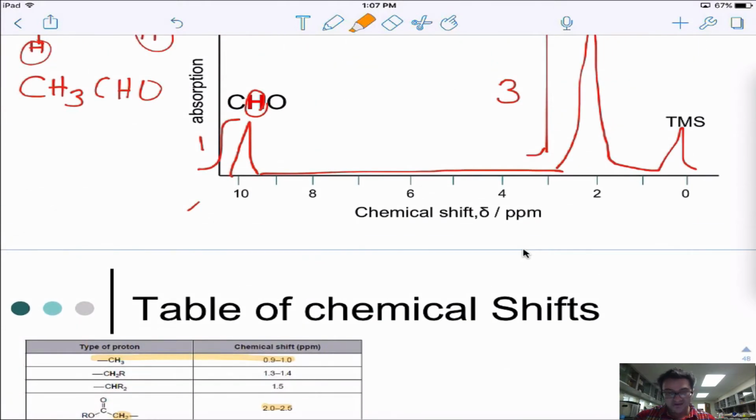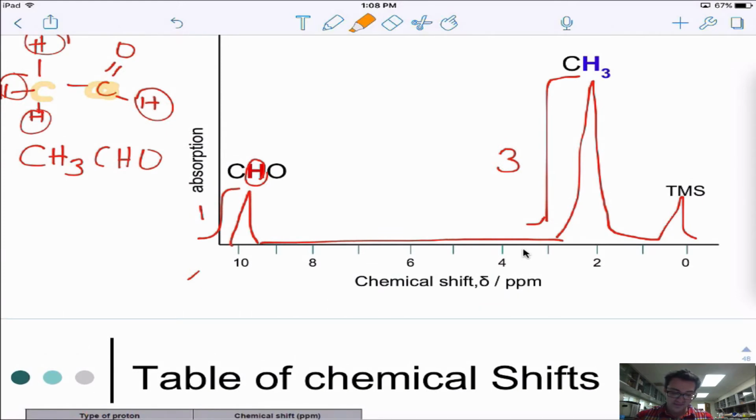It came out right around 10. So you can use the table to get an idea of where the shift should be. You can use the height of the peaks to tell how many hydrogens there are. Notice this peak is 3 times as large as this peak, which is only 1, because there's 3 hydrogens compared to 1 hydrogen. Now we need to practice this.